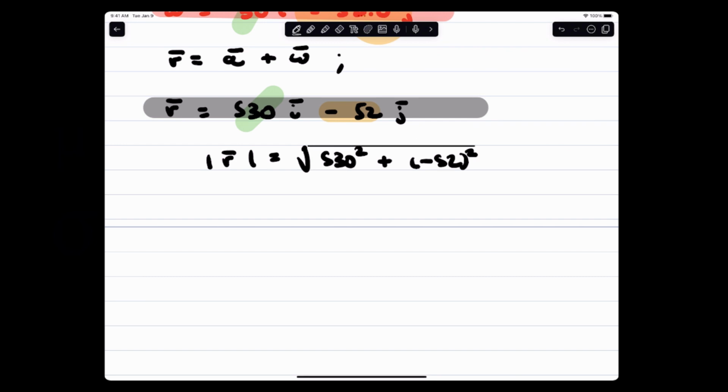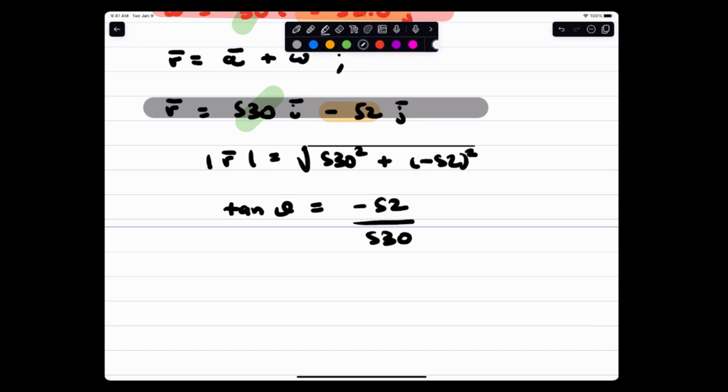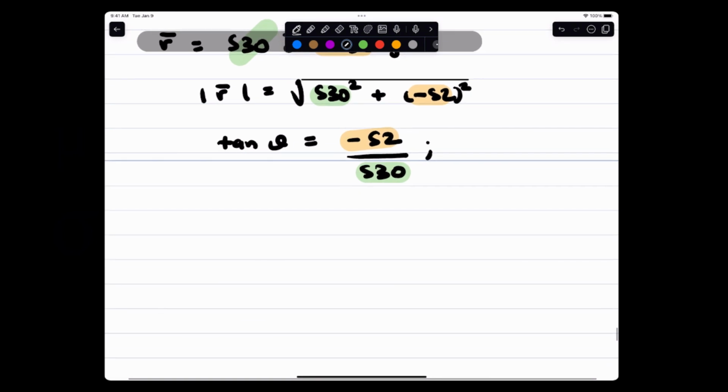The angle theta, you say tangent theta will be negative 52 over that 530. So if you need colors, here's the 530, negative 52. And again, what's your theta going to be? Theta is that inverse tangent.